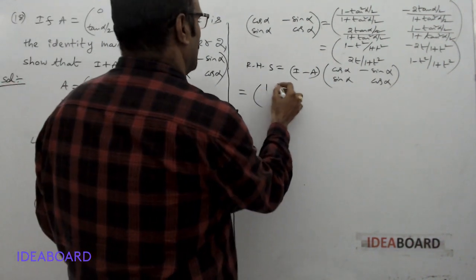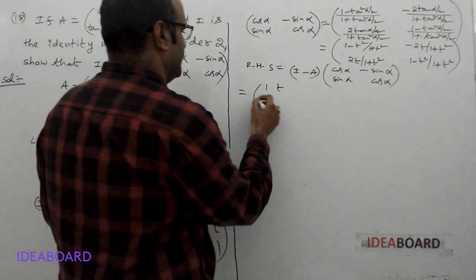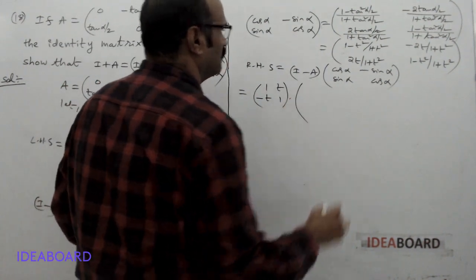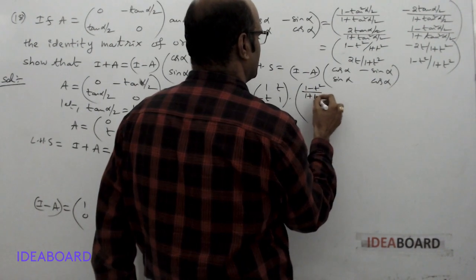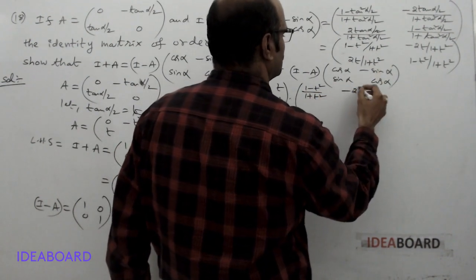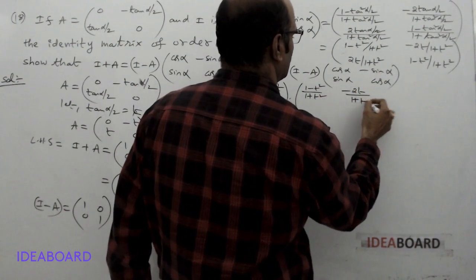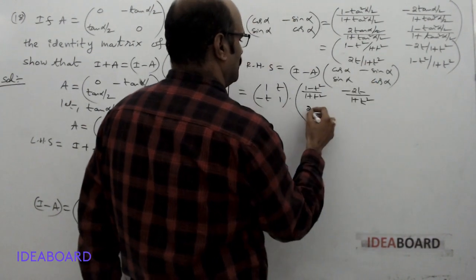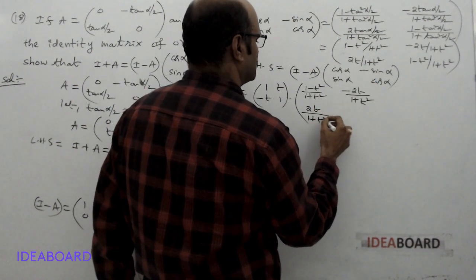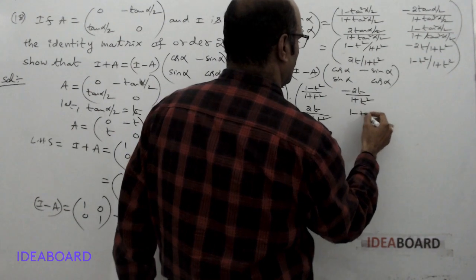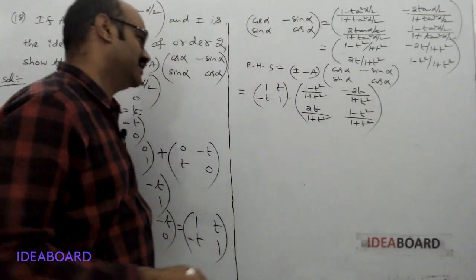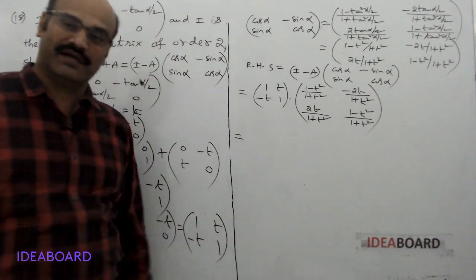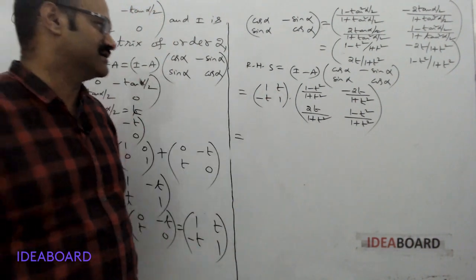So take it as 1, t, minus t, 1 into the matrix 1 minus t square by 1 plus t square, minus 2t by 1 plus t square, 2t by 1 plus t square, 1 minus t square by 1 plus t square. Now here we have to multiply these two matrices.